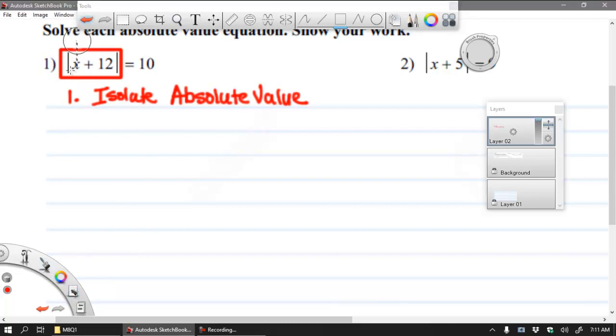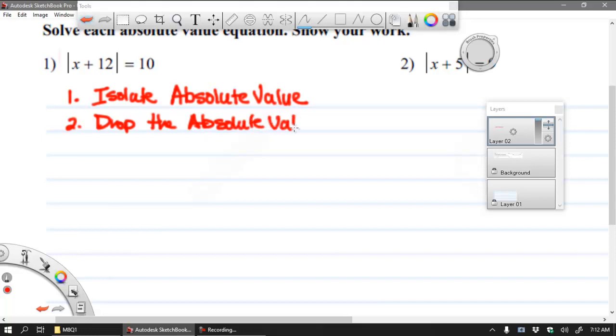I'm going to erase this right now. So once the absolute value is isolated, you want to drop the absolute value. You're going to drop the absolute value symbols. And then this third step is you're going to write 2 equations.